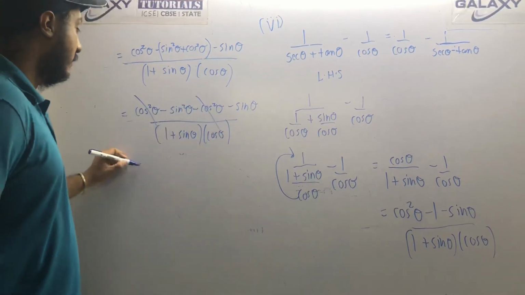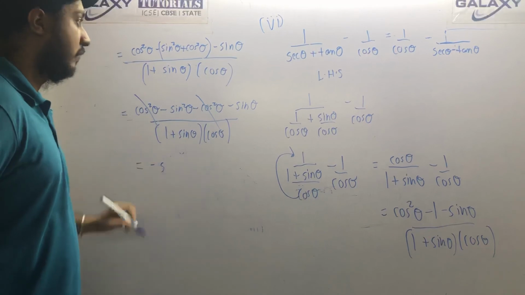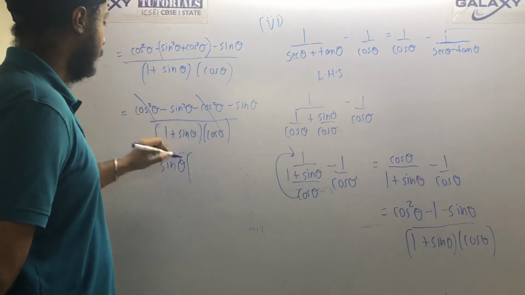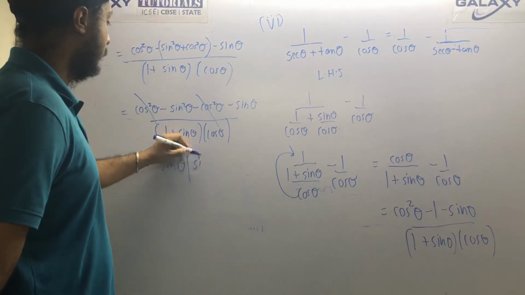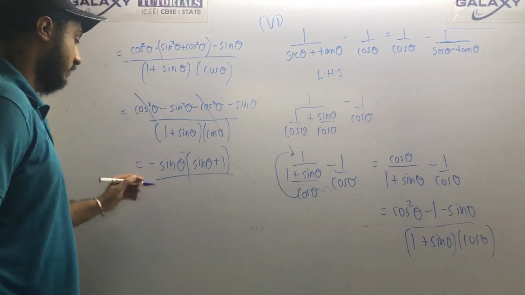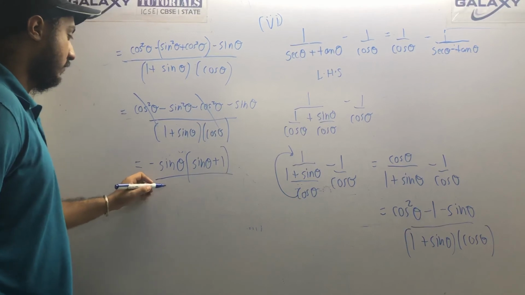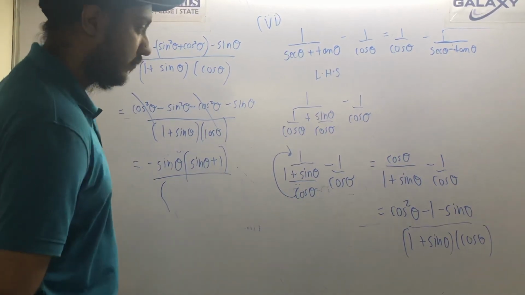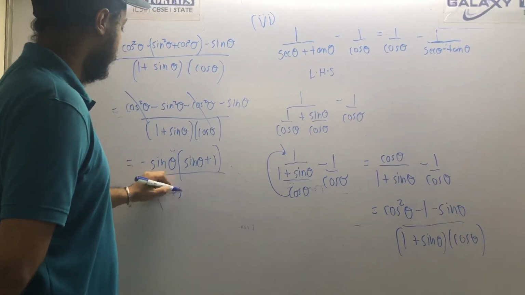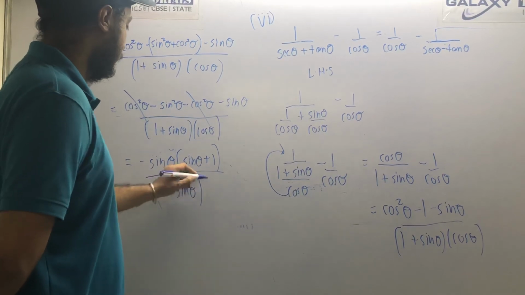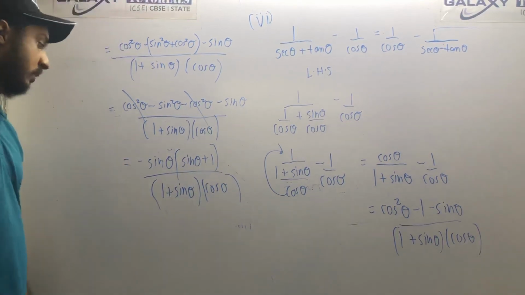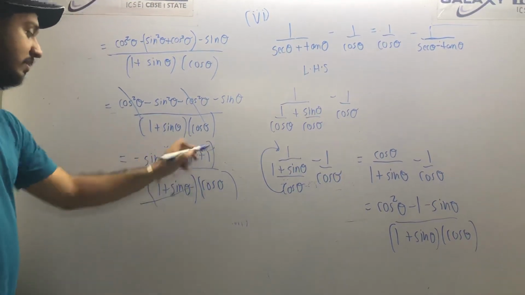So remaining is, is it right? Yes. Anything you can cancel? 1 plus sine theta and sine theta plus 1 cancel.